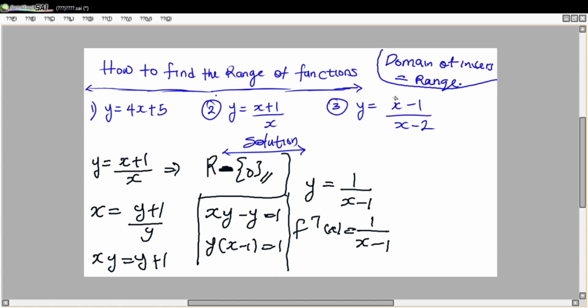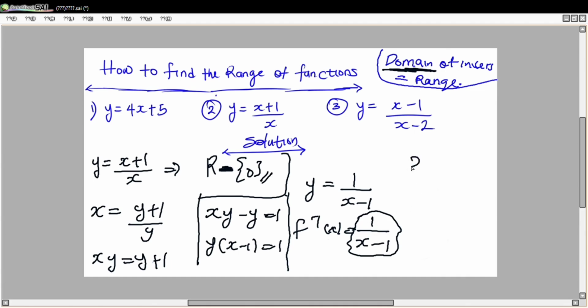And we know that the domain of the inverse will give us range. Now, all we have to do is to find the domain of this. And this is a rational function. We know that for the domain of this, it implies that the denominator must not be equal to 0.